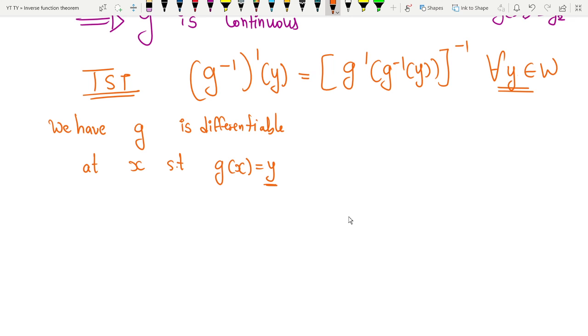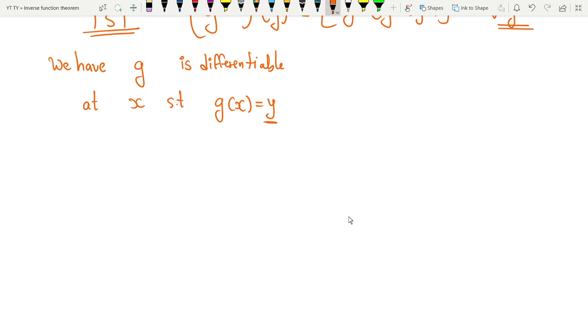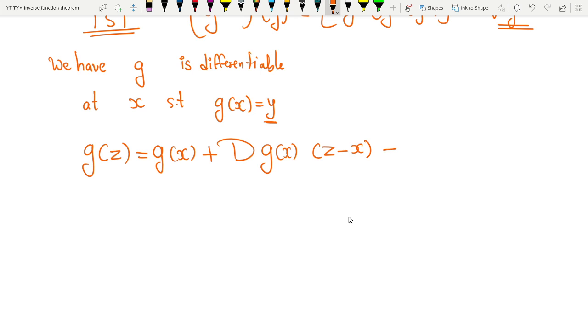Since it is differentiable, by the definition of differentiability, it has a good linear approximation. So G of z is the same as G of x plus the derivative of G at x applied to z minus x, plus the error function at z minus x, where this error function is special.